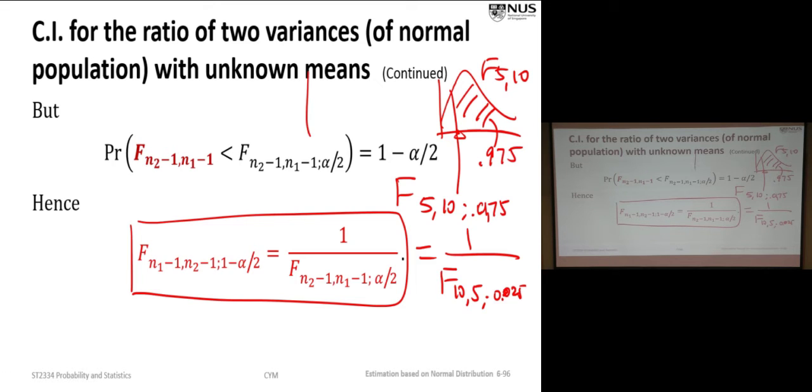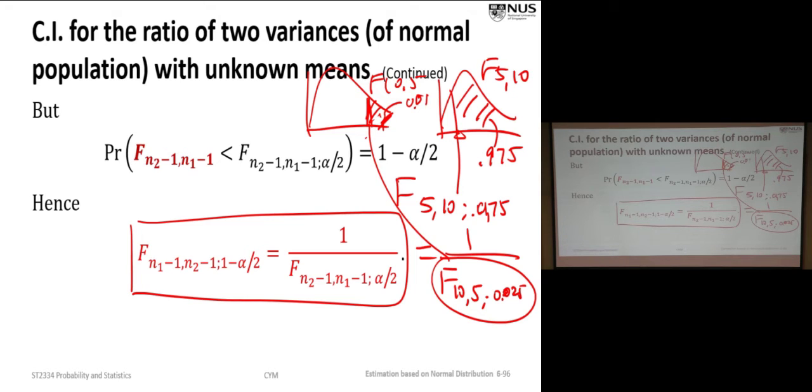It's the same as the point from F 10, 5, and then you look at this point, the denominator, such that the probability greater than this point is 0.025.